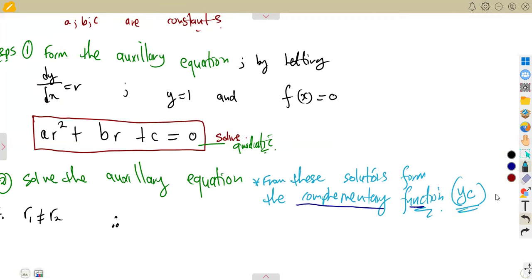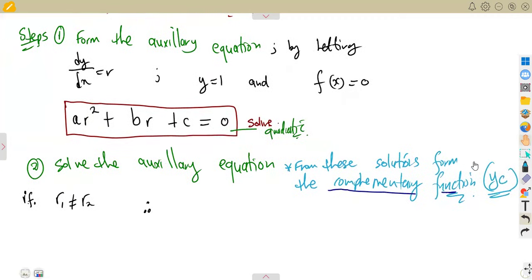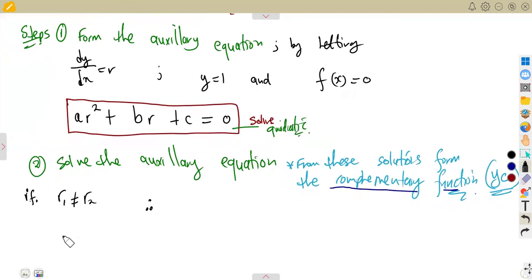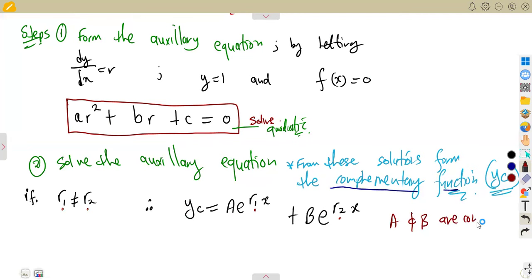So if these solutions are not the same, the complementary function is going to be given as YC equals A e to the exponent of R1x, which is the first solution, plus B e to the exponent of R2x, which is the second solution. R1 and R2 are the solutions that you're given here. A and B are constants to be found.